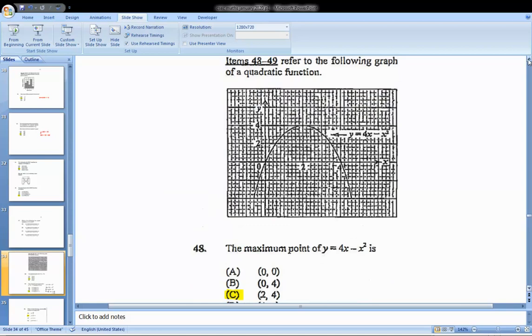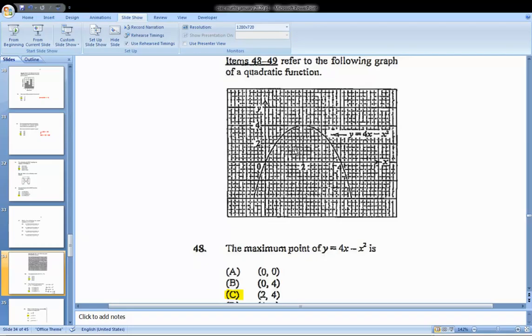Okay, items 48 to 49 refer to the following graph of a quadratic function. It says the maximum point of y equals 4x minus x squared is. Now, when we take a look at our graph here, we notice that the maximum at the top, at this point of the curve, is at 4 on the y-axis.